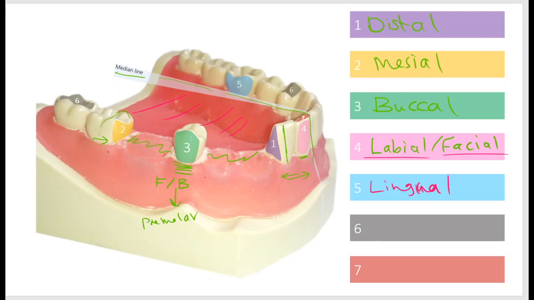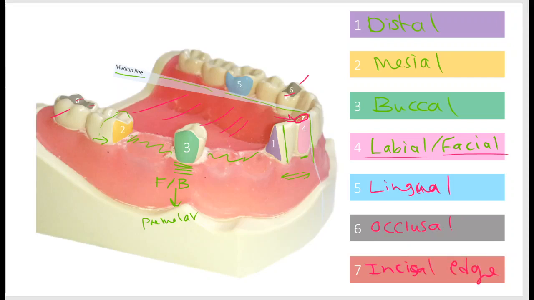Number 6 is on the top surfaces of the teeth, so number 6 is occlusal, because it's also a posterior tooth. You have a premolar here and a molar here. And then number 7, the small thing here, is the incisal edge.